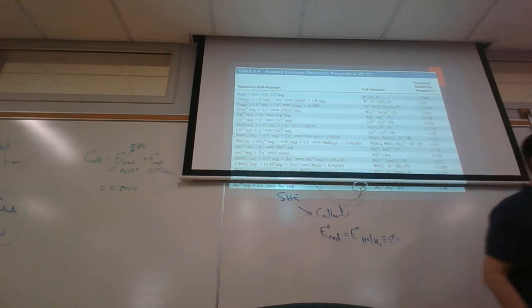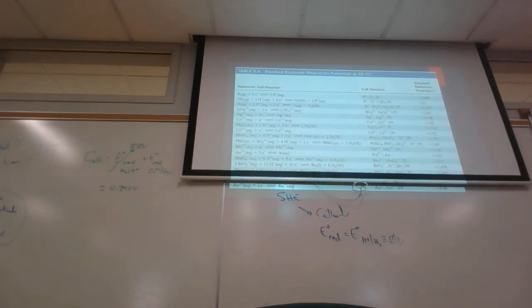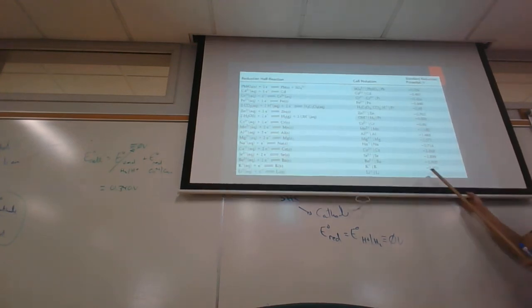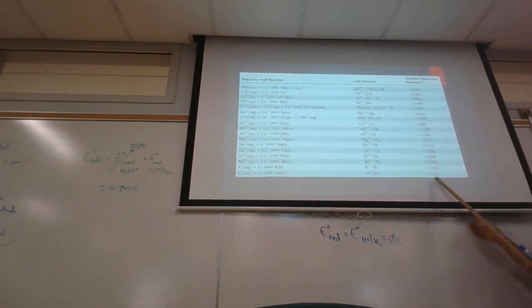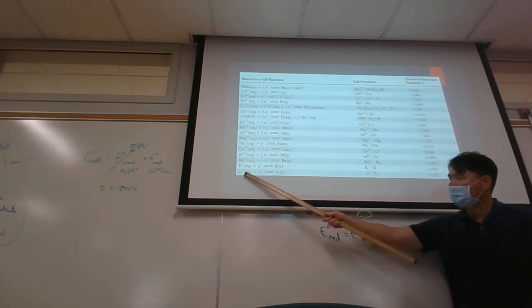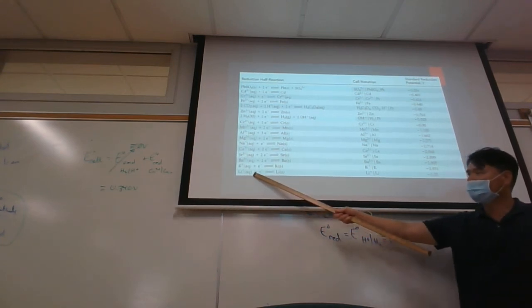The lowest reduction potential is going to be at the bottom of the chart. And so the lowest reduction potential is minus 3.05 volts. That doesn't mean it's oxidation. It's still reduction potential. Minus 3.05 means this is a very weak oxidizer.